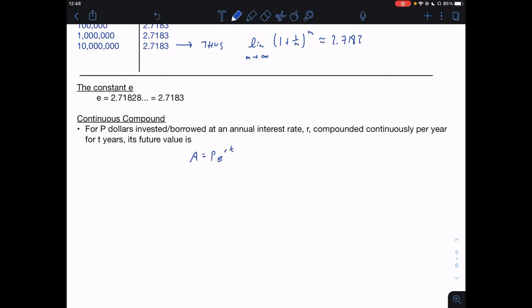P times e to the RT, PERT, when compounding continuously. Okay, let's do 2 examples here.